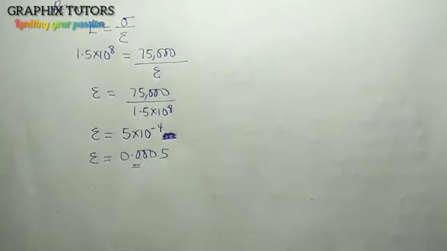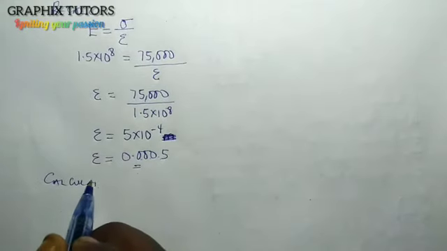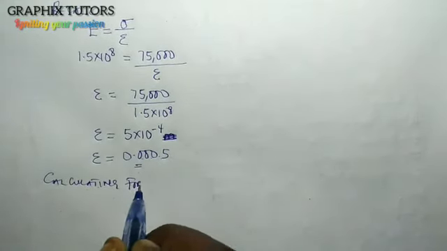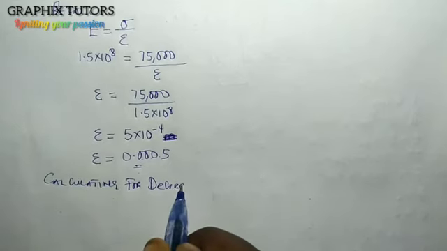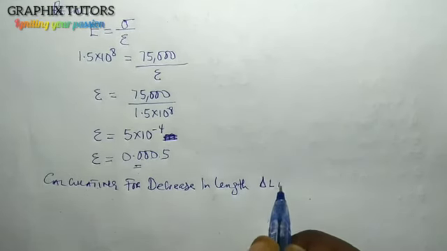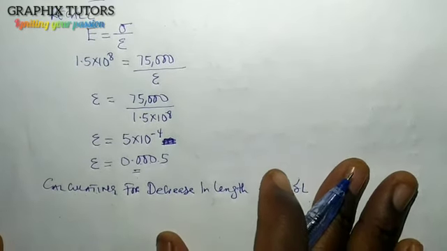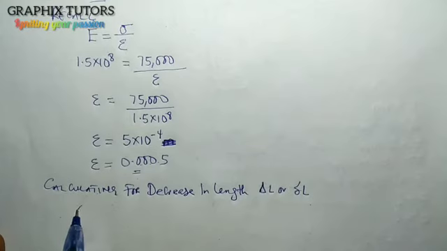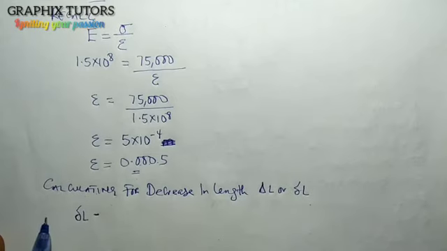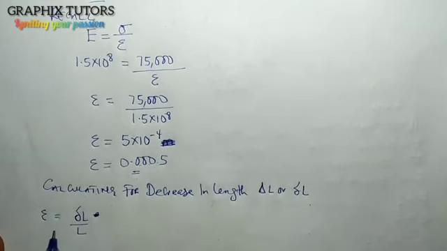So I will write again, calculating for decrease in length, which is delta L. We know that my strain is the decrease in length over the original length, right?